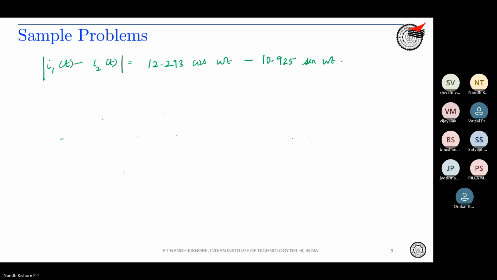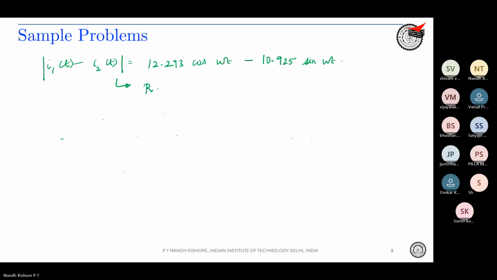See, if we have to write this in polar form, I have to write it as some r and then cos omega t plus phi. This is what I want finally, correct?